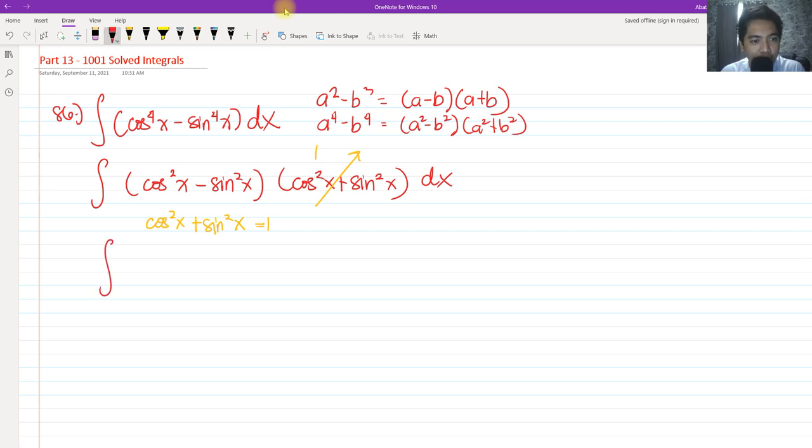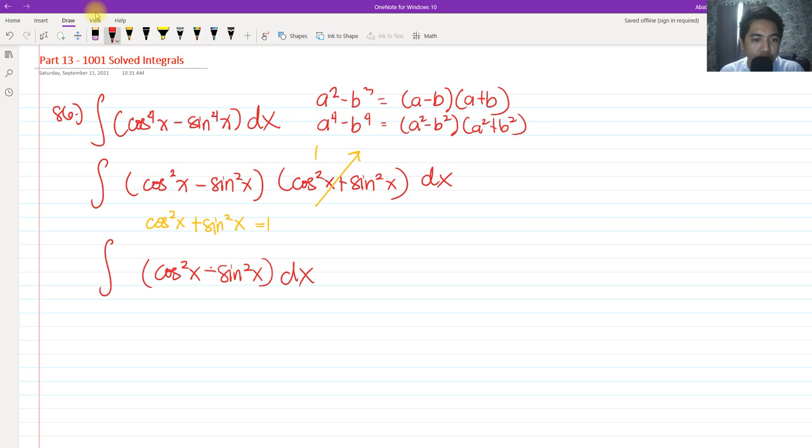So our integral would look like this. We have cosine squared x minus sine squared x, and then we have the dx in here. Okay, so that is our basic simplification.